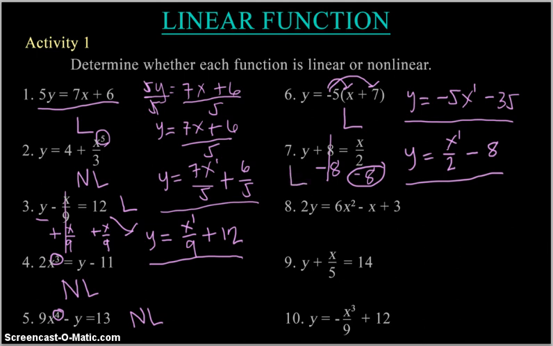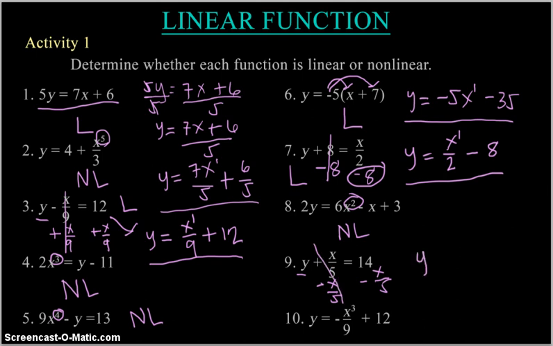Number 8, so makikita natin na ang exponent ng x ay 2, so non-linear. Number 9, so i-arrange din natin ito para maiwan si y. Mag-minus tayo ng x over 5 both sides of the equation. So, x over 5 minus x over 5 is 0.